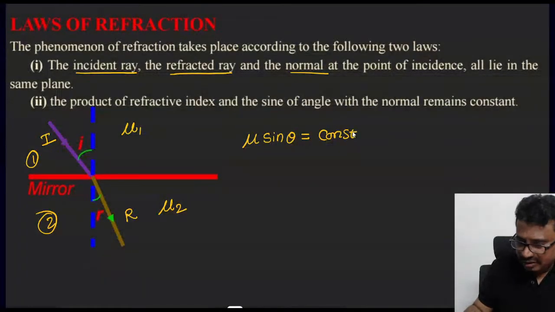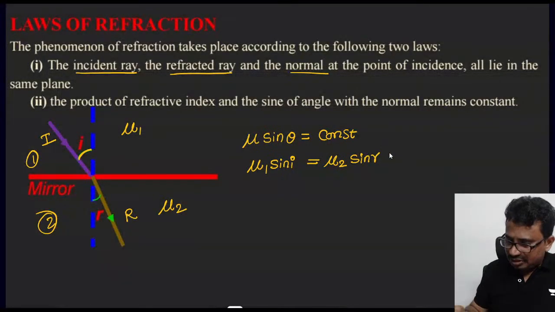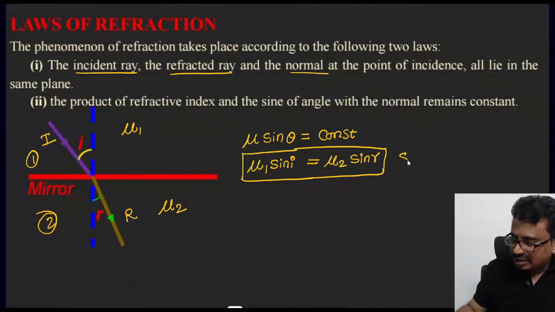If we talk about this incident ray, the refractive index of this medium is mu1, and the angle made by this ray with the normal is I, so mu1 sine I is equal to mu2, the second medium, into sine R. This is the second law, which is also called Snell's law.